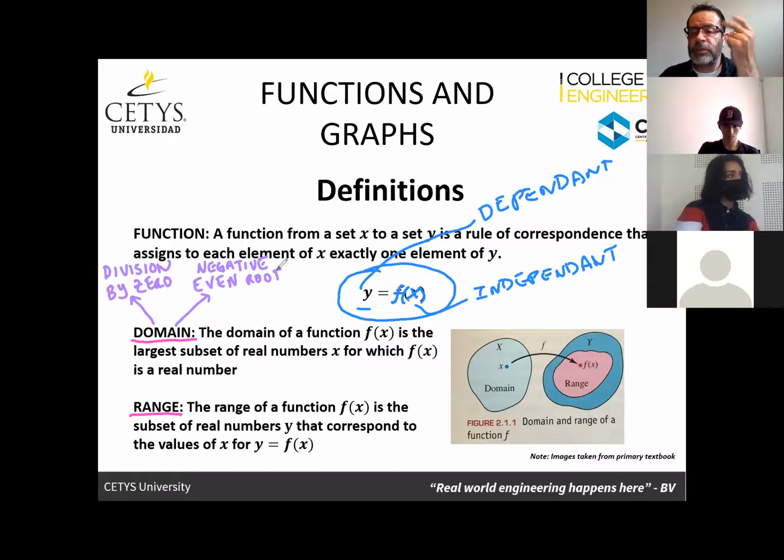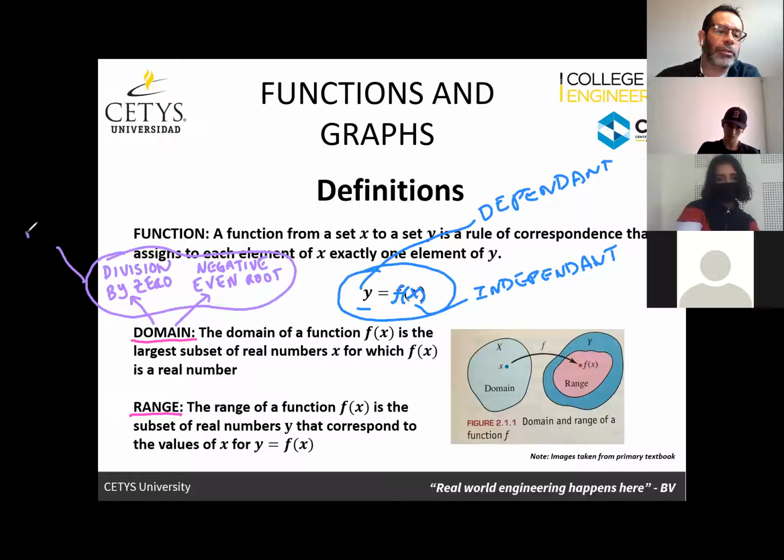Those are going to be the two conditions that exclude values of the domain. Meaning, and just to note, these here, these are exclusions.